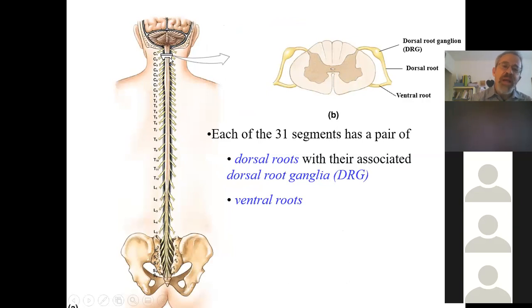If we were to take a cross section, we would find a very unique characteristic. First of all, there's 31 segments if you wanted to actually count. So we have 31 segments from top to bottom, counting all those nerves, because 8 plus 12, that's 20, plus 5 of the lumbar, that's 25, plus another 5 of the sacrum, that's 30, plus the coccygeal, that's 31.